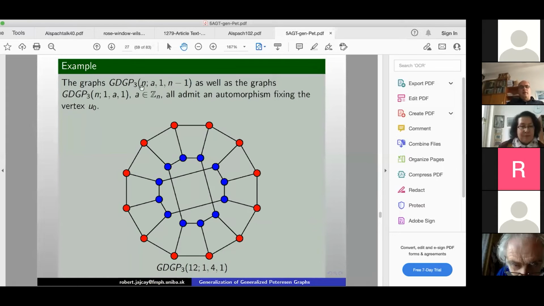This is a graph where the groups are of size 3, and I have 3 parameters: 1, n minus 1. And they all admit an automorphism fixing the vertex u sub 0, which would be one of these outside vertices. If you just check here, obviously there is an automorphism like that. So this is symmetric with respect to a reflection like this. I maintain these are easy observations, but you try to collect as many of them as possible in order to determine the automorphism groups of these creatures.